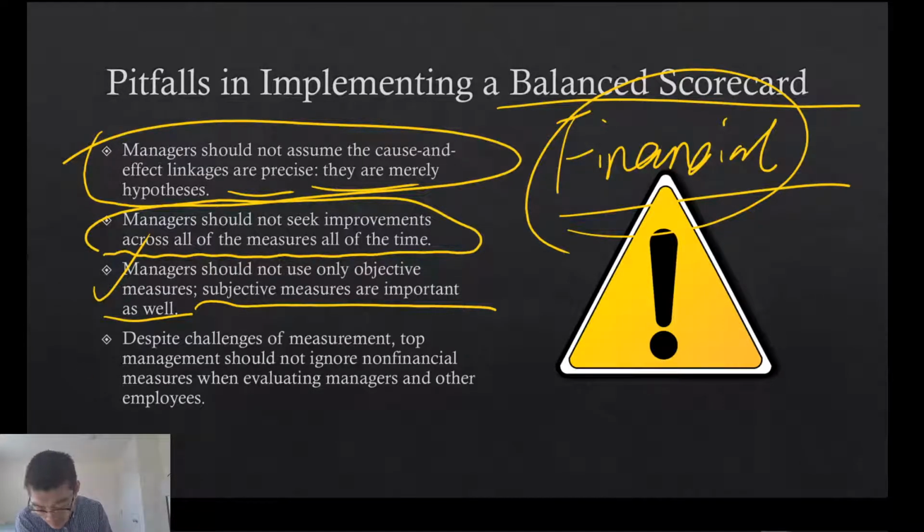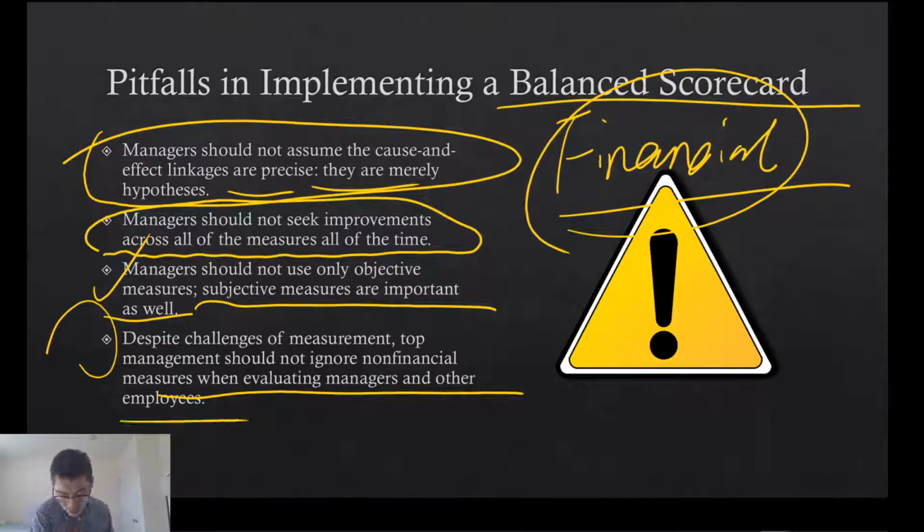Okay. And despite the challenge of measurement, top management should not ignore non-financial measures when evaluating managers and other employees, so to speak, right? So you have to use non-financial measures to evaluate, or let's say another way of saying this, to compensate employees, because if we're only using financial information, it is not that fair.